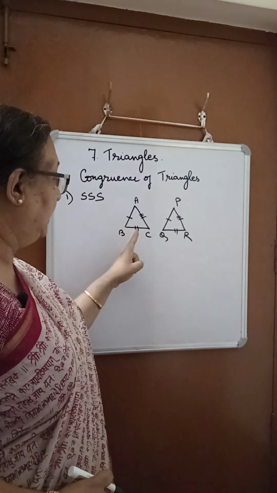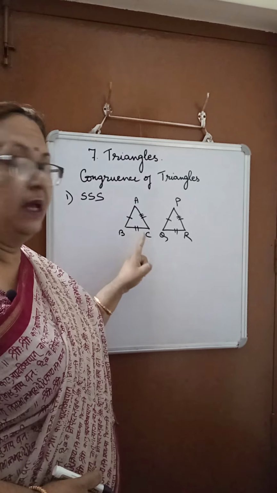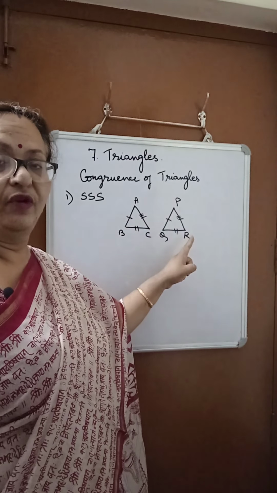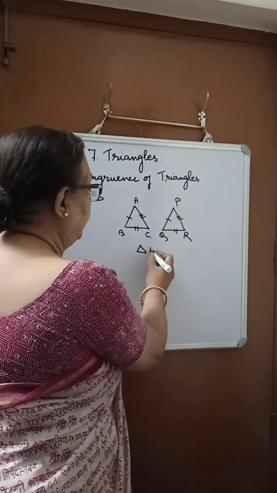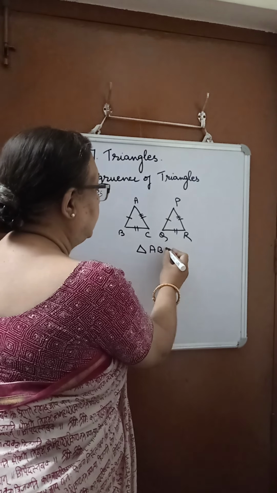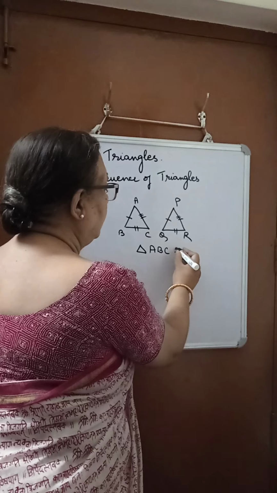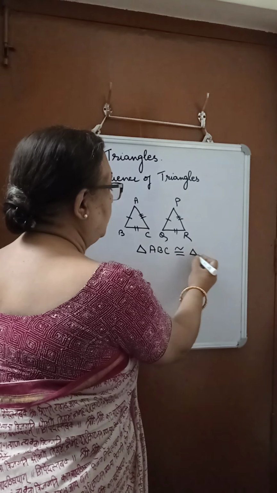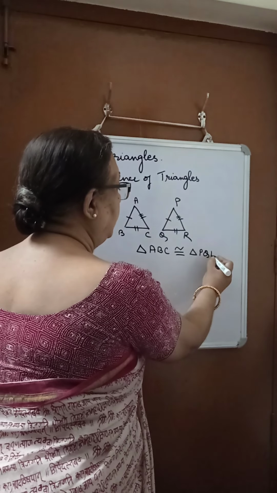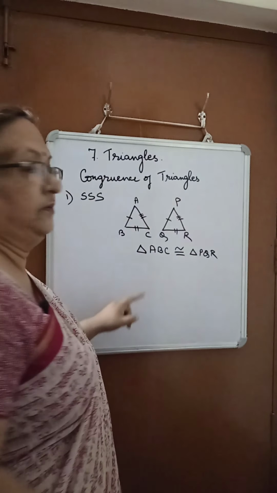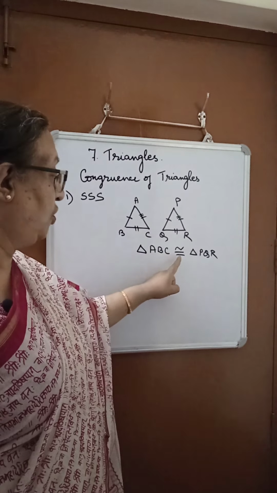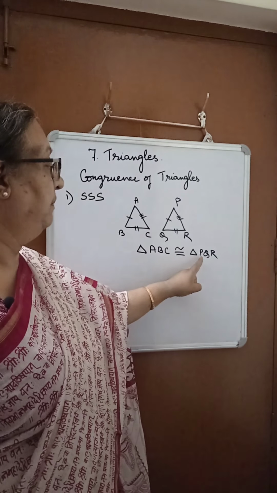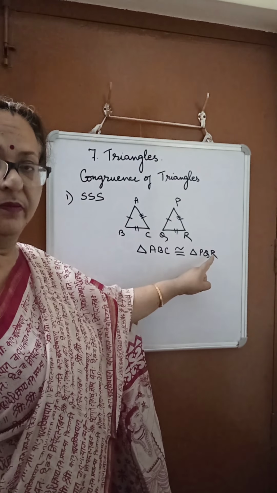That is, all the three sides of the first triangle are equal to that of the second triangle. Then we say triangle ABC is congruent to triangle PQR. Clear all of you? Triangle ABC congruent to triangle PQR.